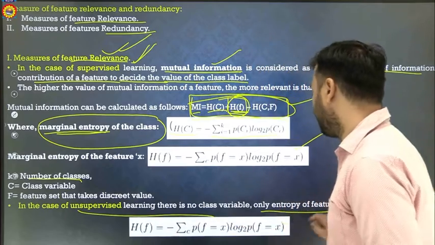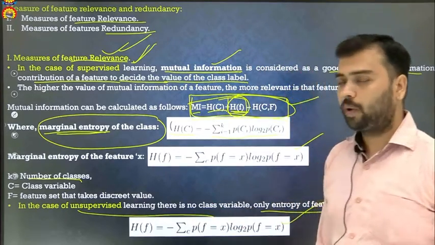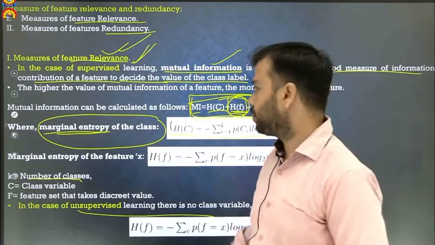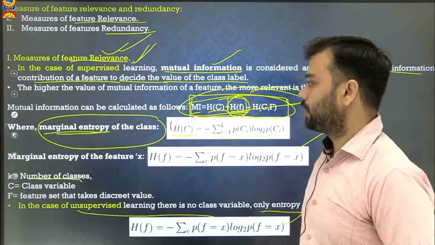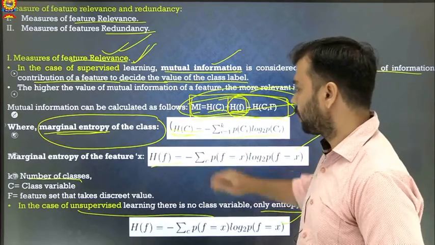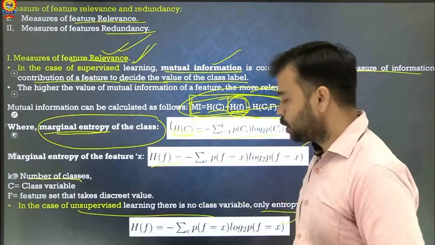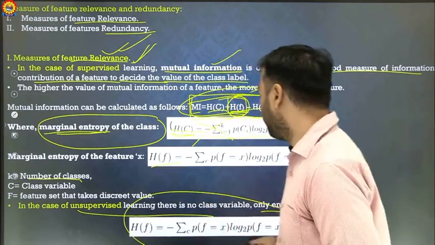So it simply becomes like this in the case of unsupervised learning. Okay, so how can we measure it? By using the marginal information. This is the formula for marginal information: the marginal entropy of the features, the marginal entropy of the class, or in the case of unsupervised learning, class is not present, so we simply use the marginal entropy of the features.